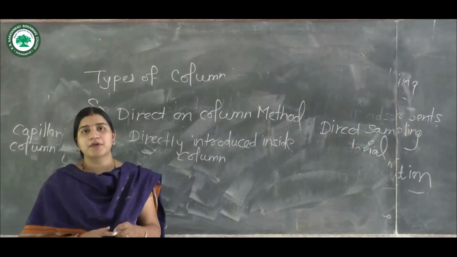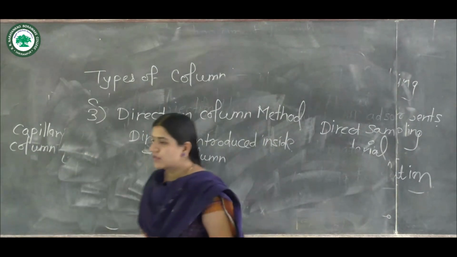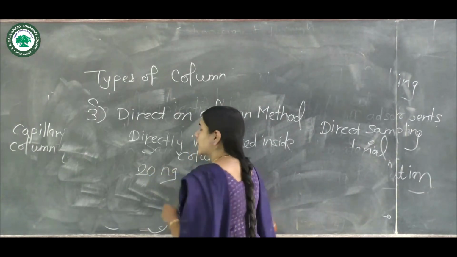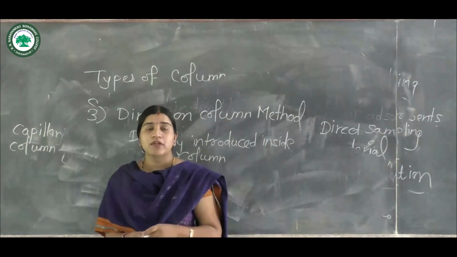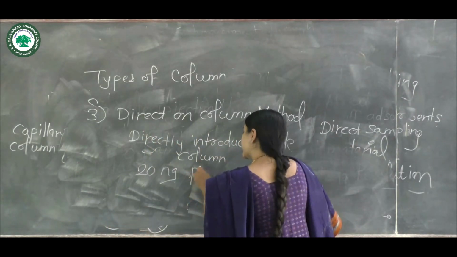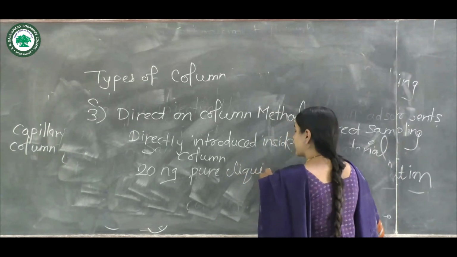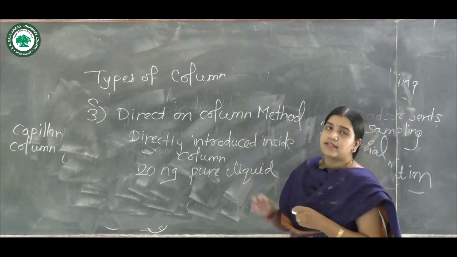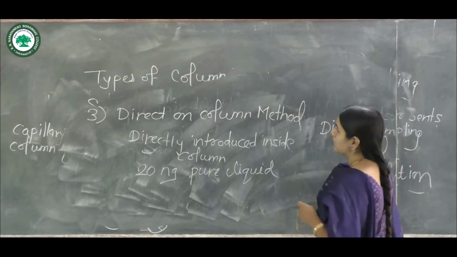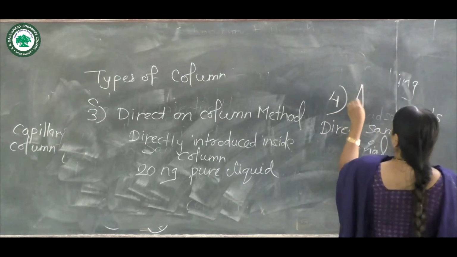The sample which we are taking should be in the range of 20 nanogram. So 20 nanogram of a pure liquid can be injected in one stroke by using the direct on column method.